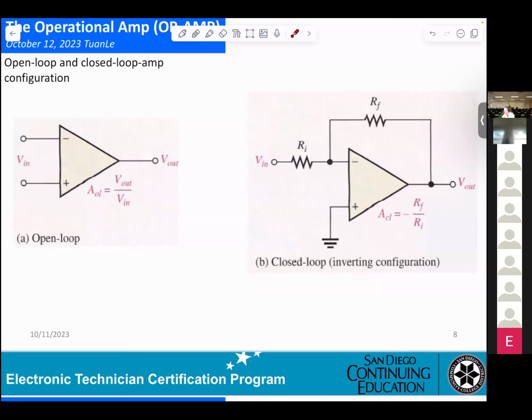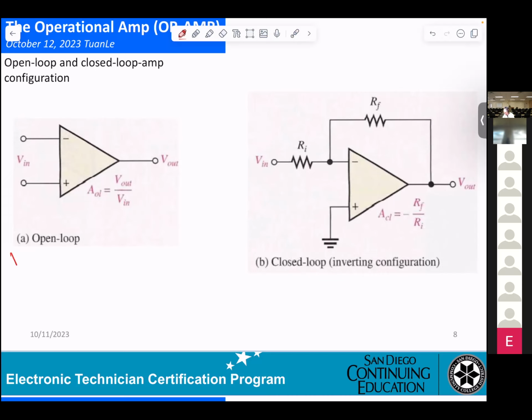Now, can you tell me what Vin equals? Vin here is not equal to V positive, not equal to V negative. Vin here means differential voltage.